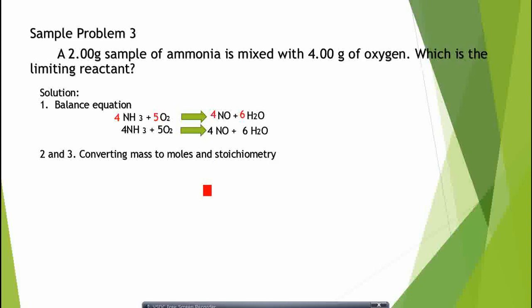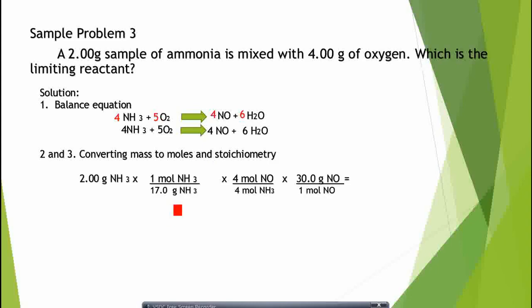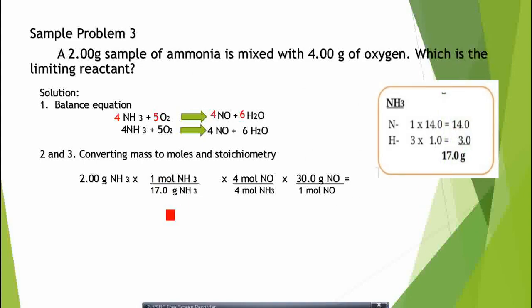So 2 grams of ammonia times 1 mole of ammonia divided by 17 grams of ammonia. 17 is the formula weight of ammonia. In ammonia we have nitrogen 1, hydrogen 3, so 14 plus 3 is equal to 17.